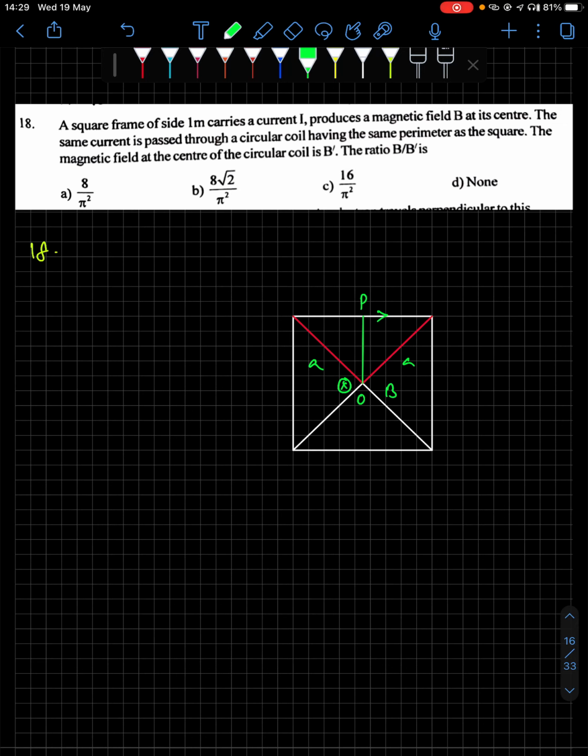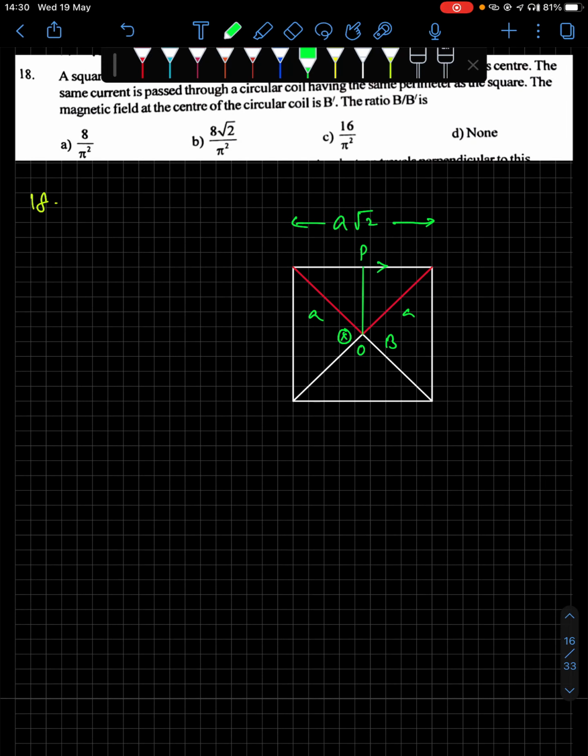Now if these two sides are A, then this length will be square root of A square plus A square, and that will give you A root over 2. This length is A root over 2, isn't it? Root over twice A square, so A comes out of the root, so it remains A root over 2. Now you will need OP.